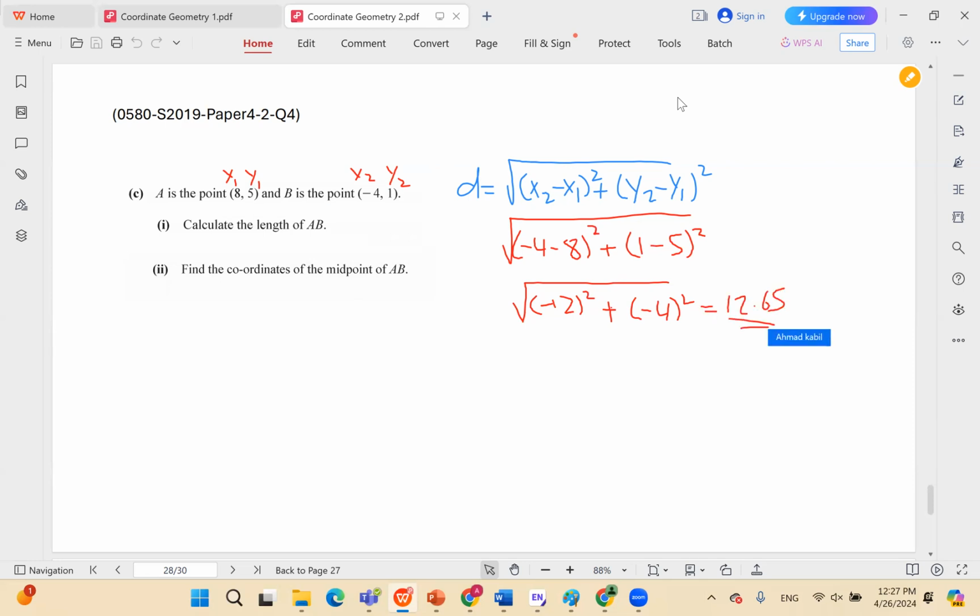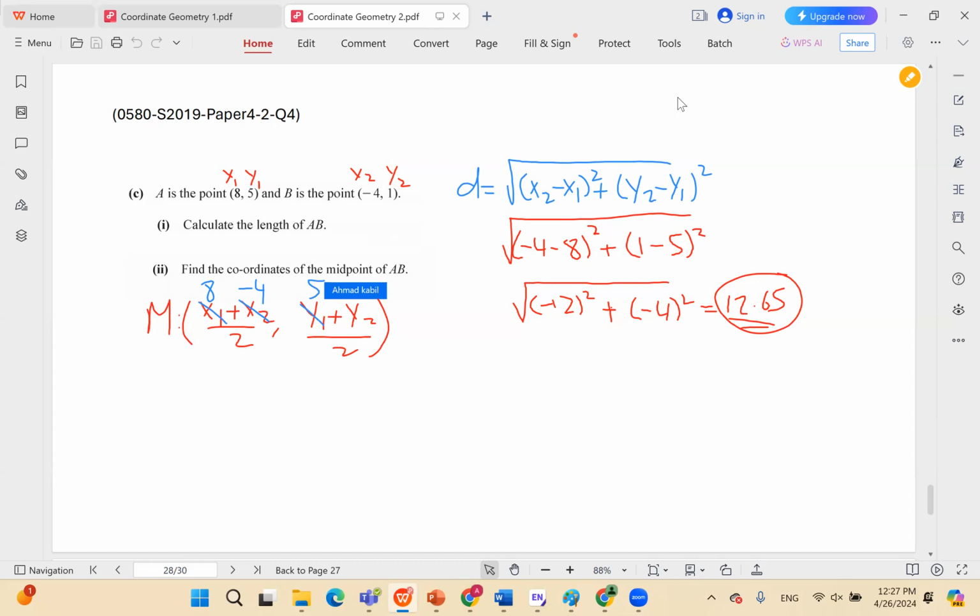for the distance. For the midpoint, we use the midpoint formula, of course. So M is (x1 plus x2) over 2, comma (y1 plus y2) over 2. We use the same labels as before. X1 is 8, x2 is -4, y1 is 5, and y2 is 1.